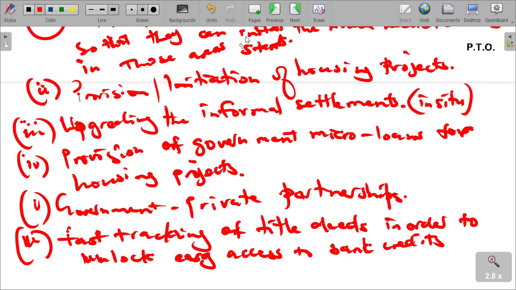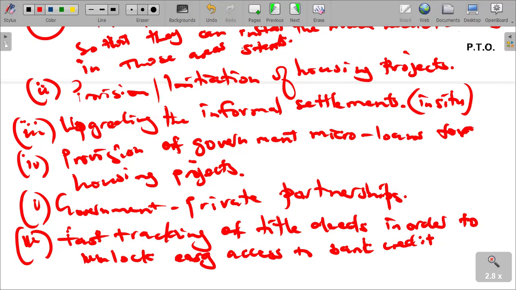Bank credit will help people to access money for building, for housing, and so forth. So people would have this in order to make sure that they can assist in these areas.